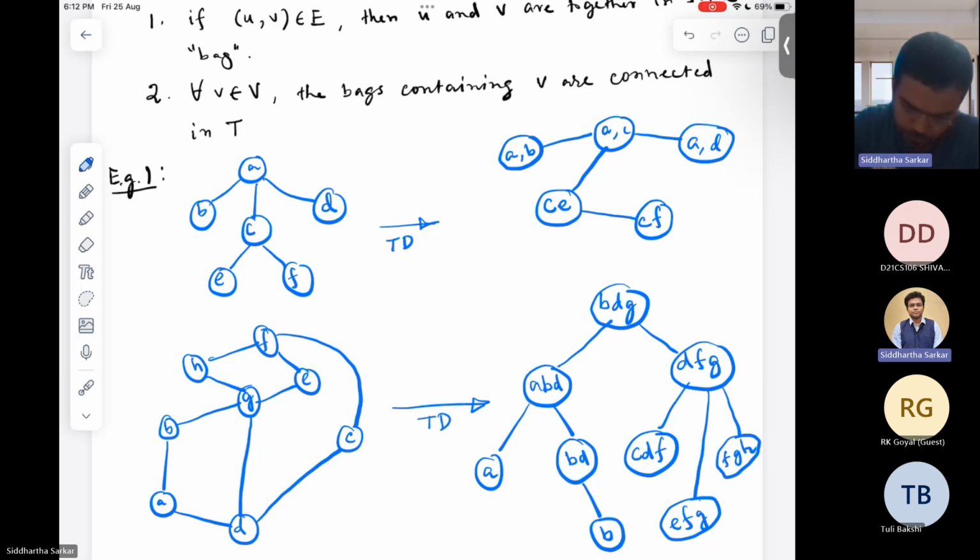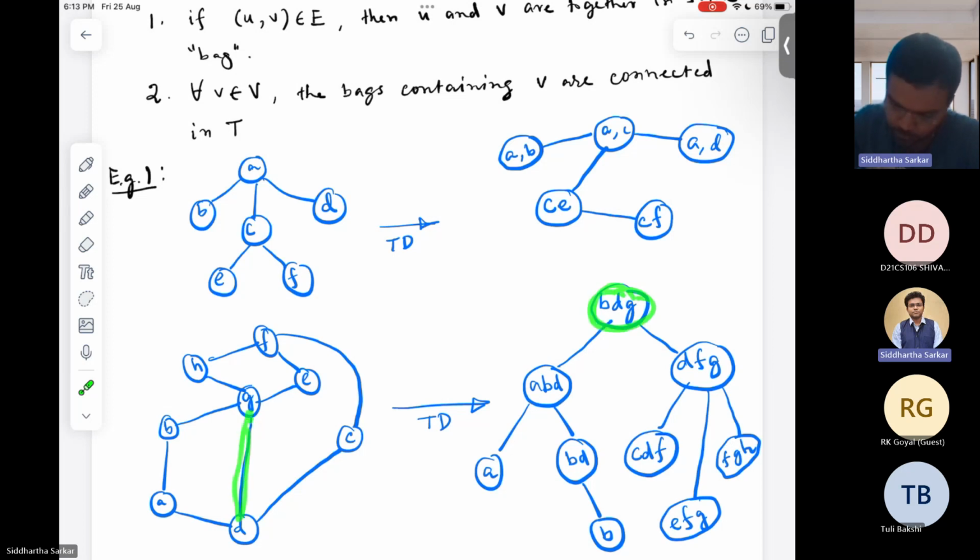So for every edge in the original graph, we need to see a bag where both the endpoints exist. So let us say AB. AB is in this bag. AD is also in this bag. BG in this bag.